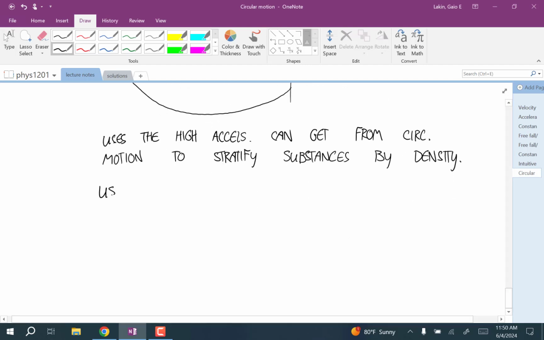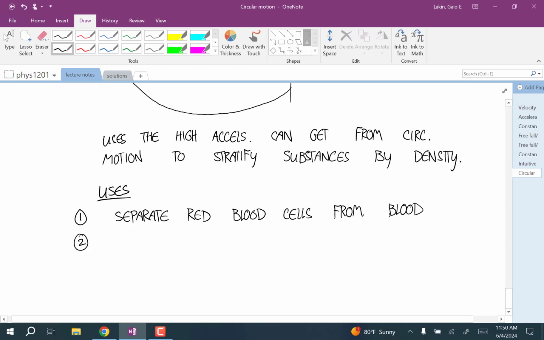So some uses that are related to biology and medicine. The first one I said is to separate red blood cells from the blood. The second thing that you can do with this is it can be used to isolate larger organelles from cells.